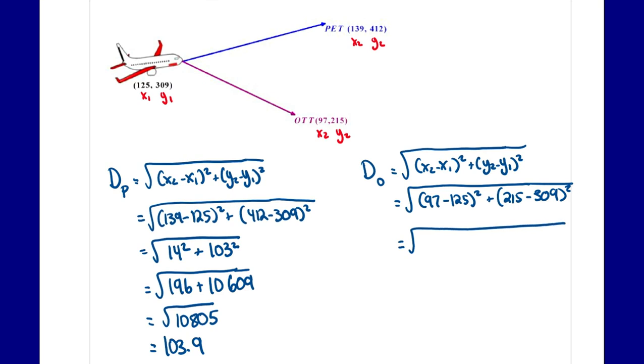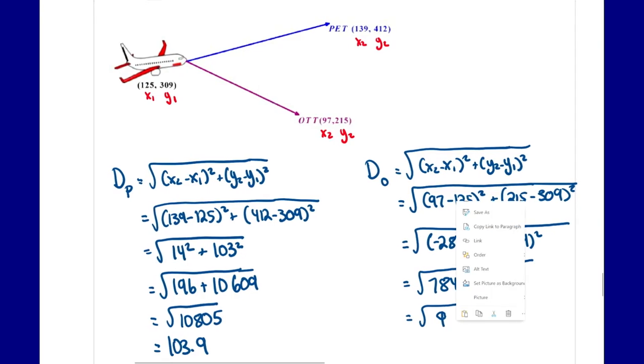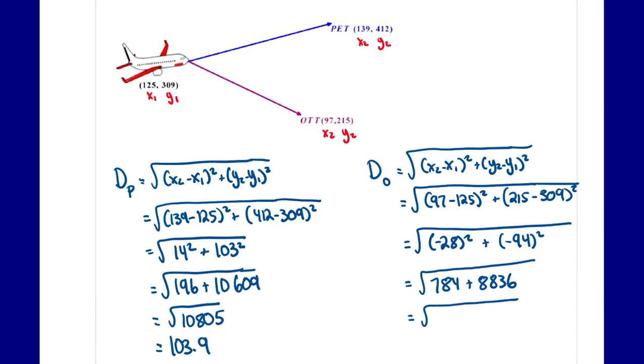So when I go through, we have negative 28 squared plus negative 94 squared. Even though these numbers are negative, we should still end up with a positive due to the squaring. So we get 784 plus 8,836. We get 9,620.